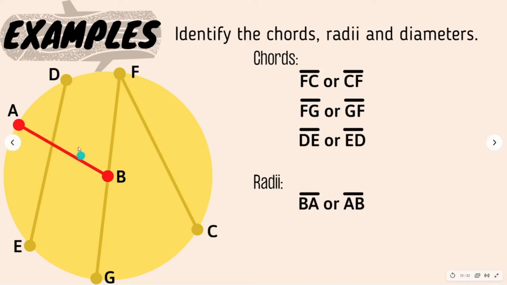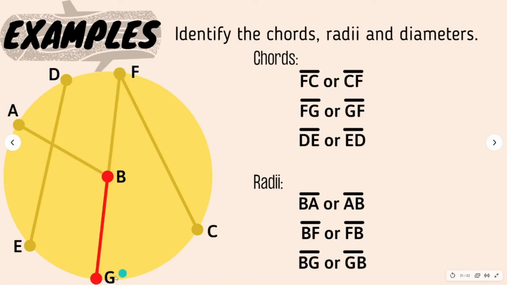Line segment BA or line segment AB, line segment BF or line segment FB, line segment BG or line segment GB. Next, diameter. Okay, our one and only diameter, line segment FG or line segment GF.